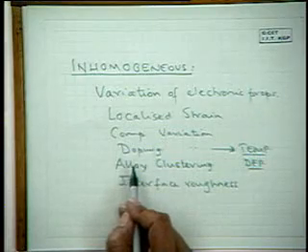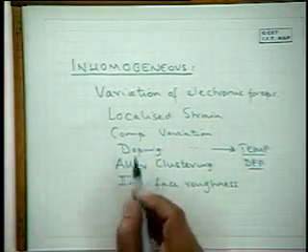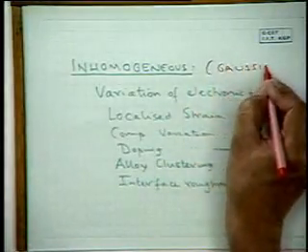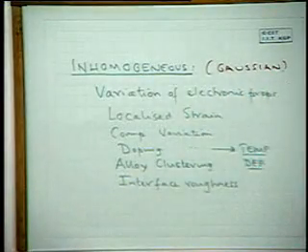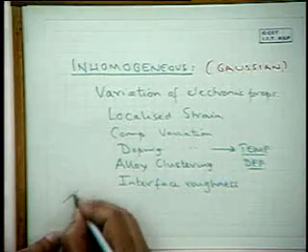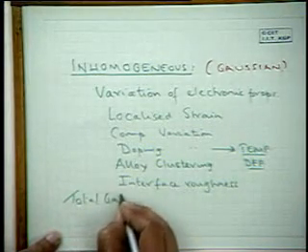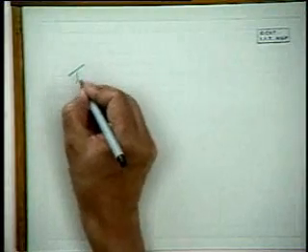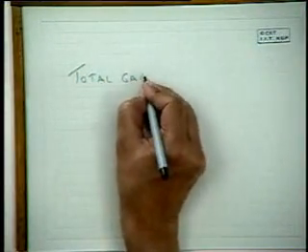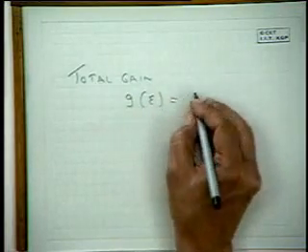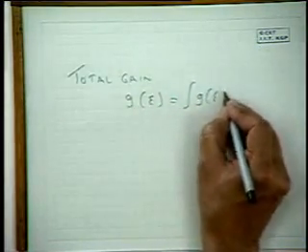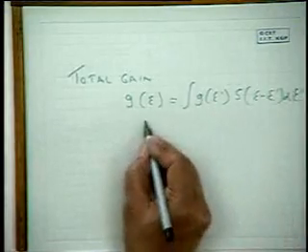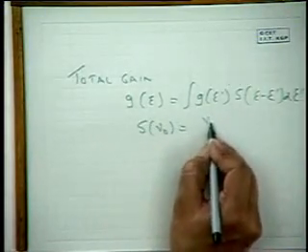And this inhomogeneous broadening gives you a Gaussian line shape, and the total gain GE is given by this line shape function, where S nu 0 is nu 0 by delta nu.